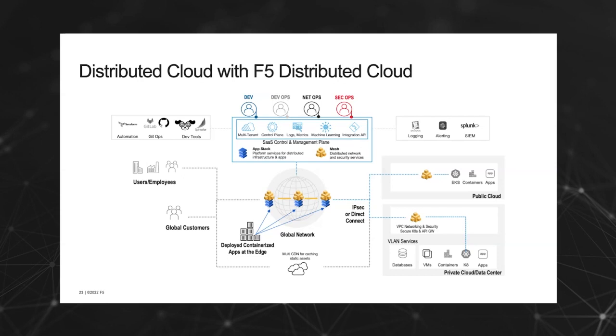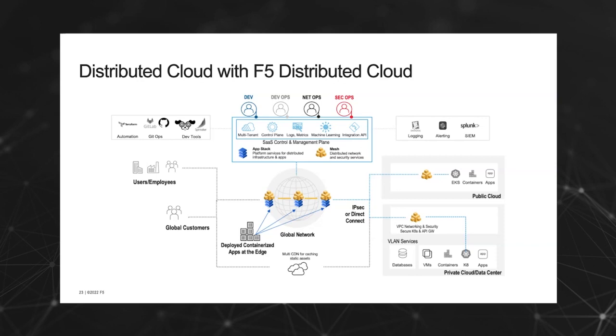All of these personas can use the role-based access to F5 Distributed Cloud to manage the different aspects of the deployment. Being able to see the insights from the application stack to the networking to the security, and being able to control how these services are exposed to third parties.